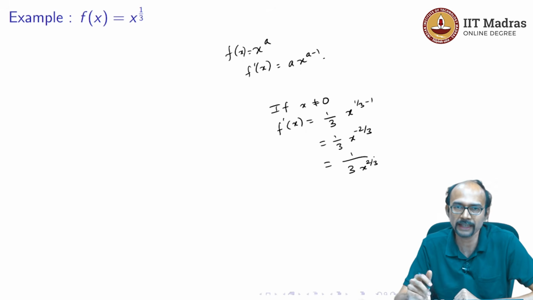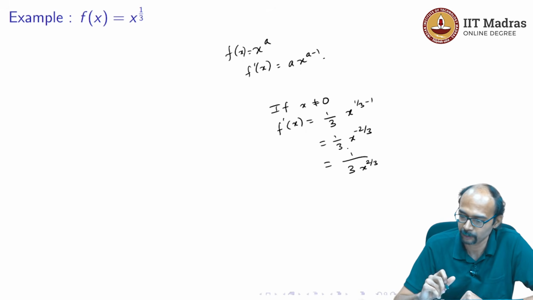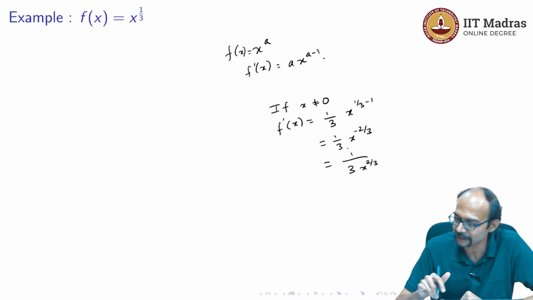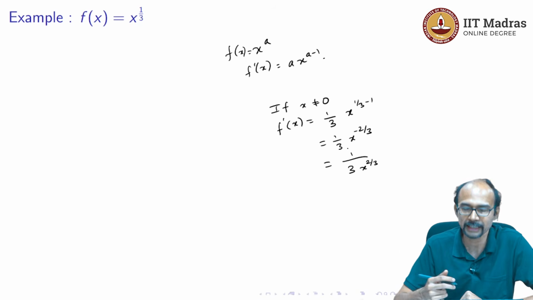So, you square x and take its cube root. That is what the function f prime is, if x is not 0. But at 0 you can see there is a problem. So, you have x in the denominator, and that is exactly what happens.